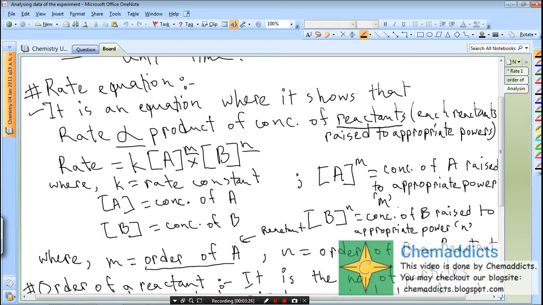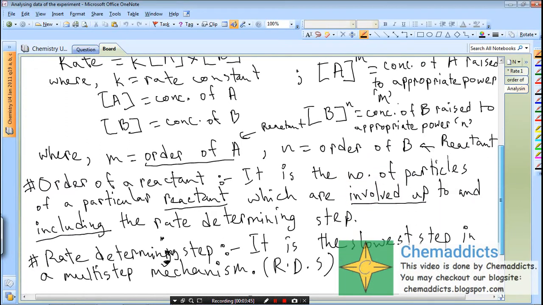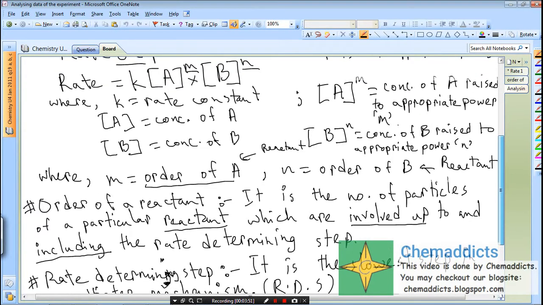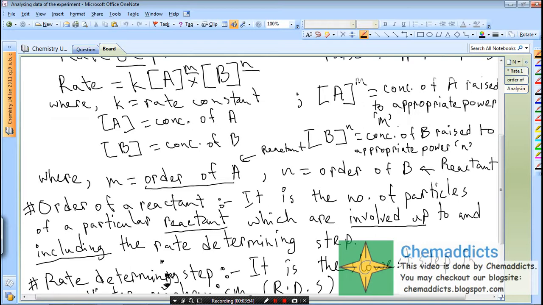This is the concentration of A, this is the concentration of B, this is the concentration of A raised to appropriate power M, and this is the concentration of B raised to appropriate power N. So what do this power M and N mean? This M and this N are the orders of the reactants in that reaction, where M is the order of A and N is the order of B.